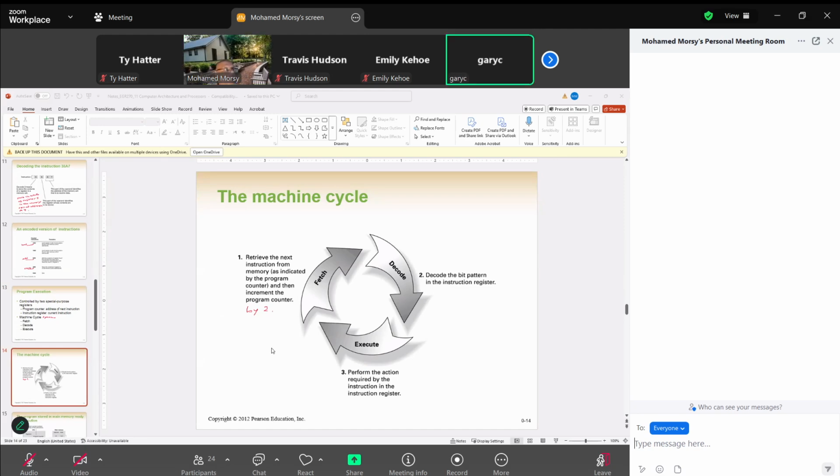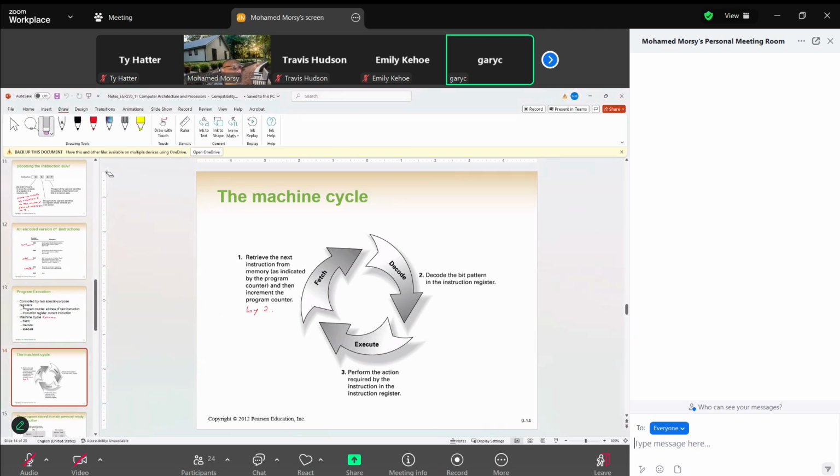Why 2? Because there are two more steps, decode and execute. After fetch, you have decode and execute.